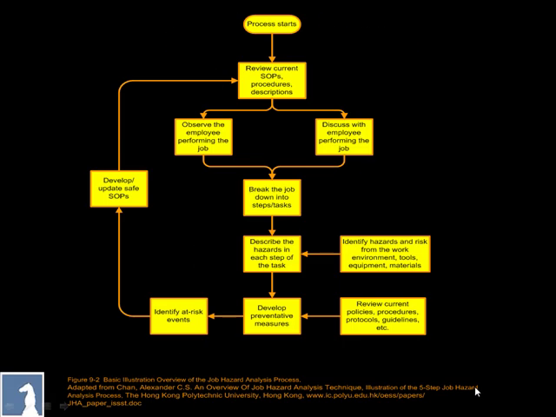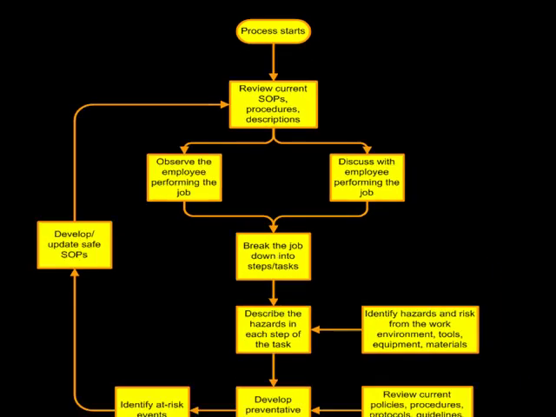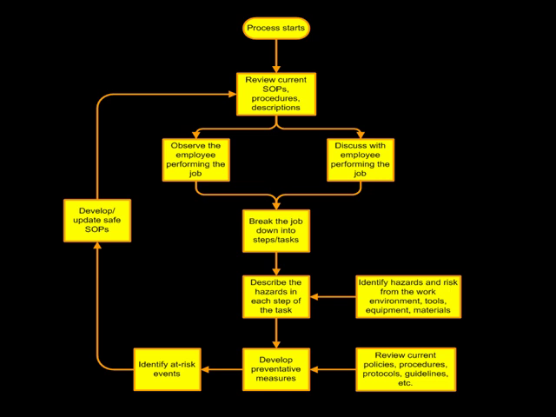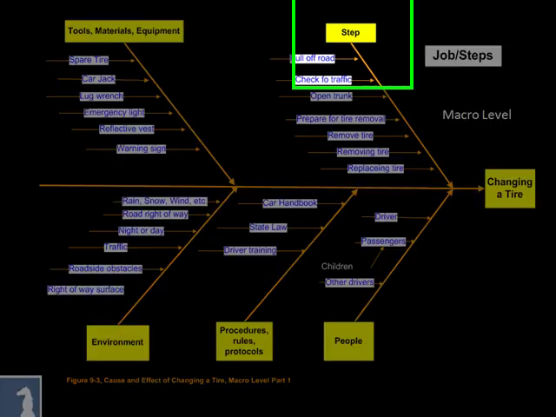As a reference point, in Chapter 9 of the text, Figure 9-2 provides a basic illustration of the overview of the process, beginning with starting the process, reviewing the SOPs, and working through the breaking down of the job in steps and tasks. In the previous job hazard analysis video on the use of the cause and effect diagram, we showed how you would break out 5 ribs to identify the basic areas and information needed for changing a tire.